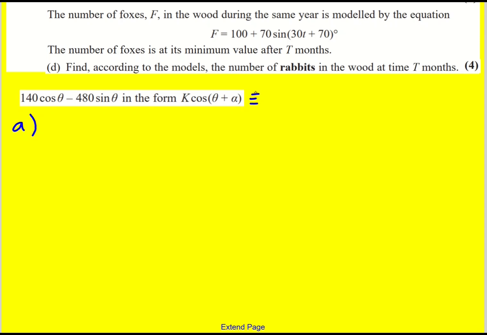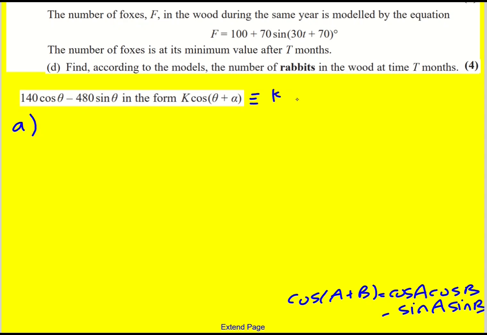So what I'm going to do is expand the cos(theta plus alpha) using the addition formulae. Cos(A plus B) is cos A cos B minus sine A sine B. That is in the formula book.